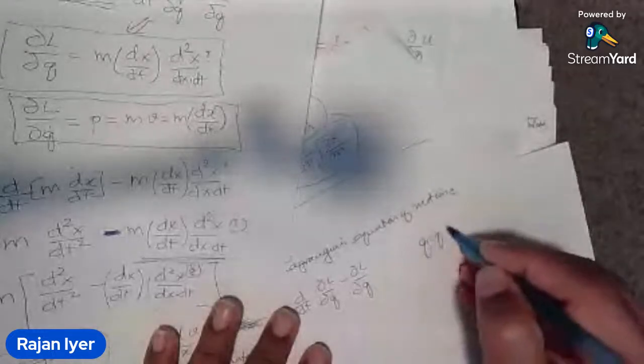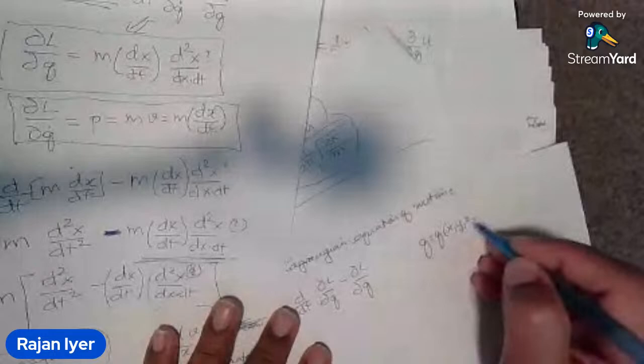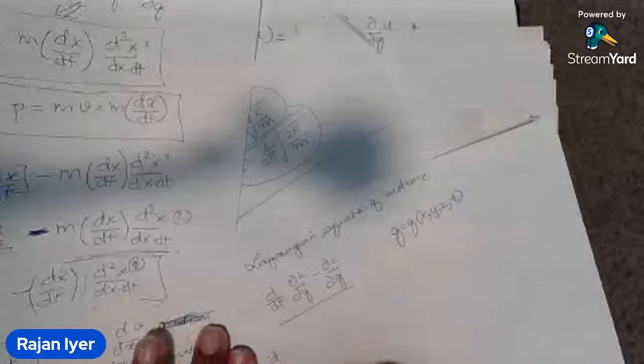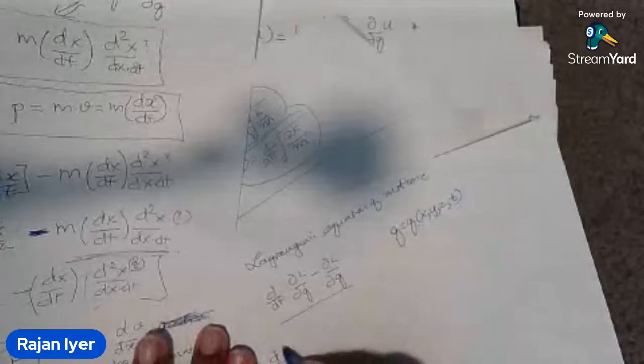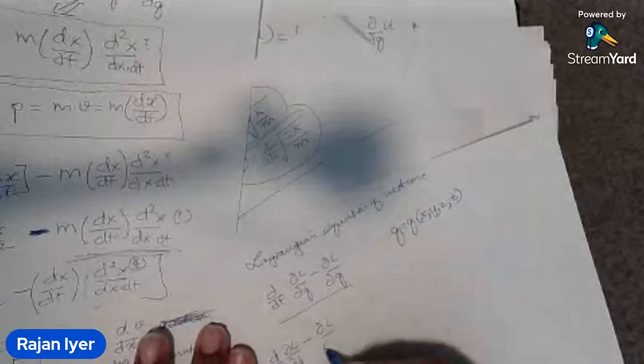Q equals, let's say, x, y, z and t, right? That's why the Q is used. So that's useful. Okay, that makes sense. So d over dt of del L over del Q prime minus del L over del Q. What we derived, now I had to change it to Q.